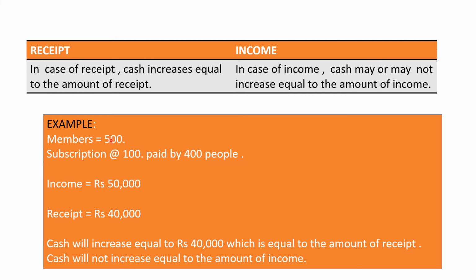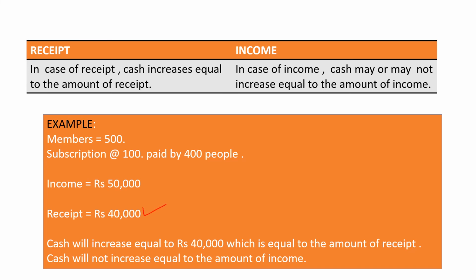Let me give you an example. See, there are 500 members, subscription 100, but this time paid by 400 people. Now see, what is your income? Income is 50,000. Very clear. What is your receipt? Receipt is only 40,000. Now the point comes, cash will increase equal to 40,000, which is equal to the amount of receipt.